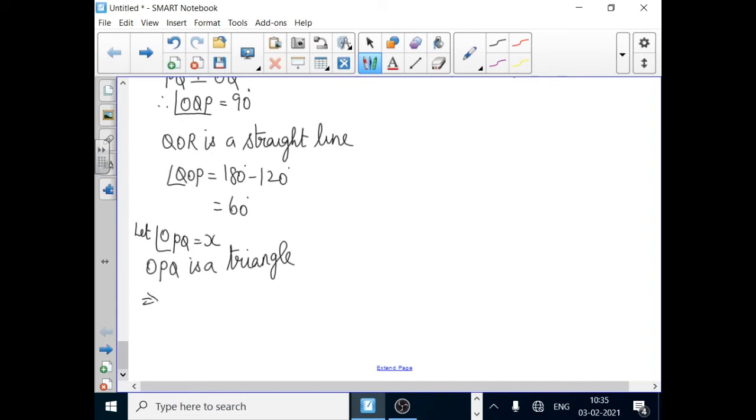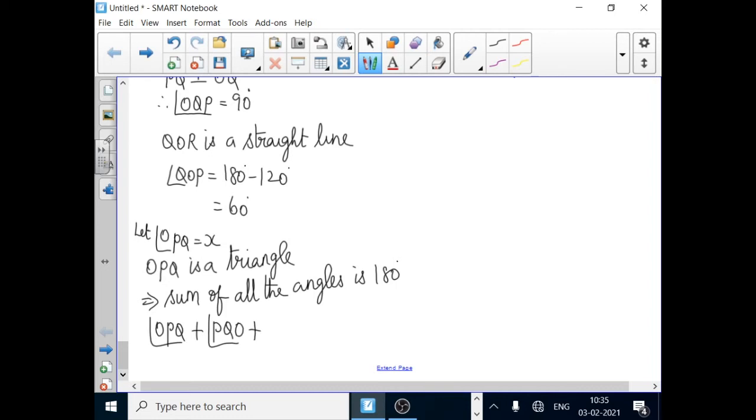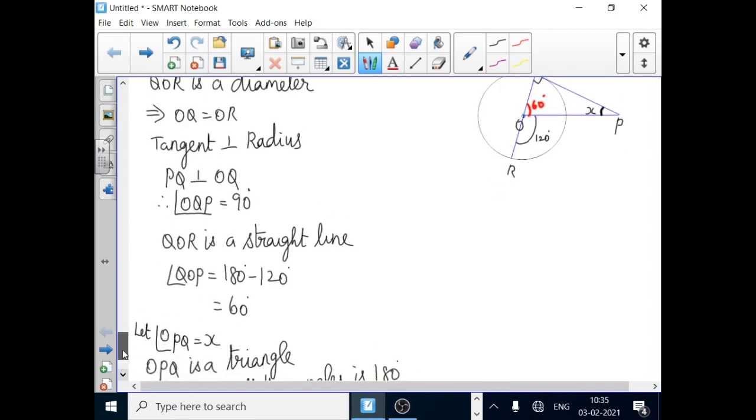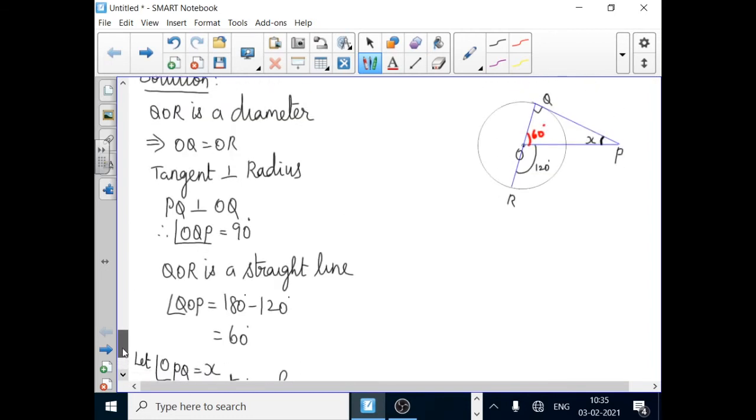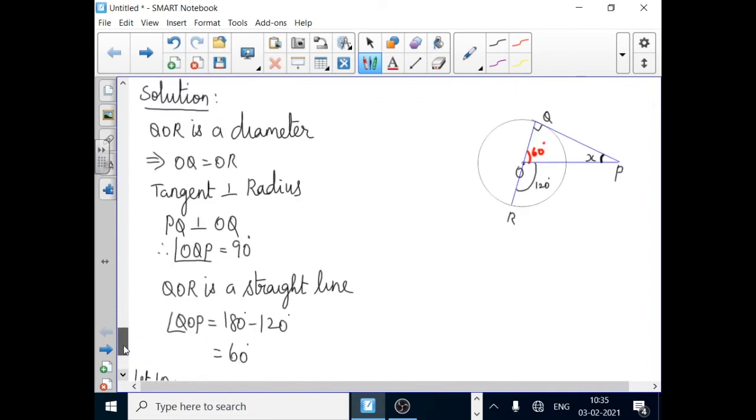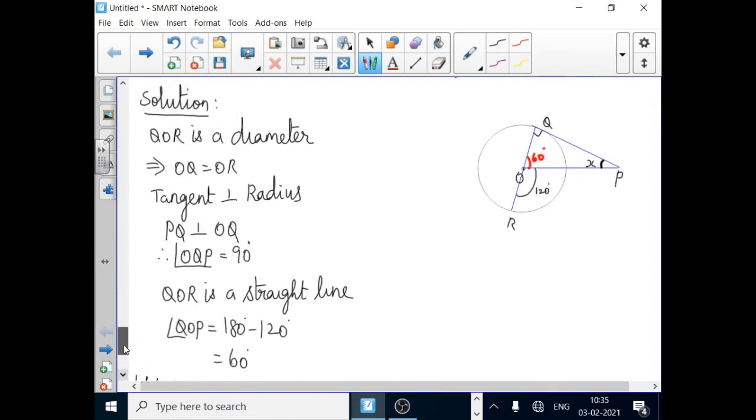So the sum of all the angles is 180 degree. We take each angle from the triangle: angle OPQ, next PQO, next QOP.